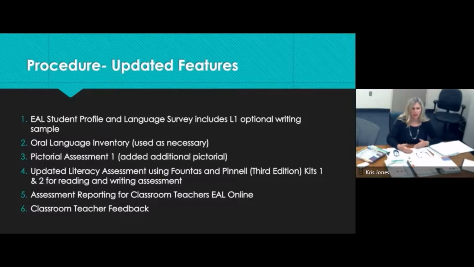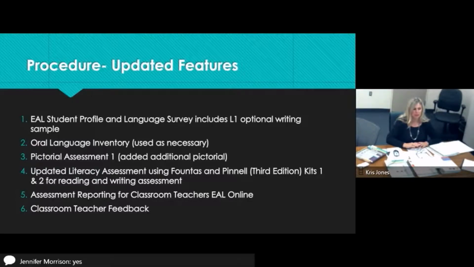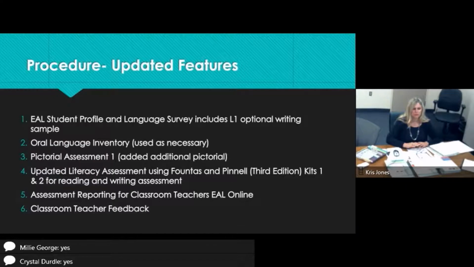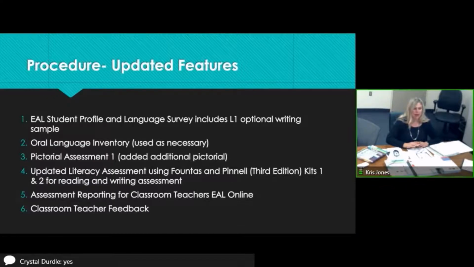Is everyone okay with the understanding of how to mark that assessment with complete sentences, partial sentences, or 0 for no responses or incorrect responses? Is everyone okay with that? Yes? Jennifer's okay? I see responses here, so everyone is okay with that.